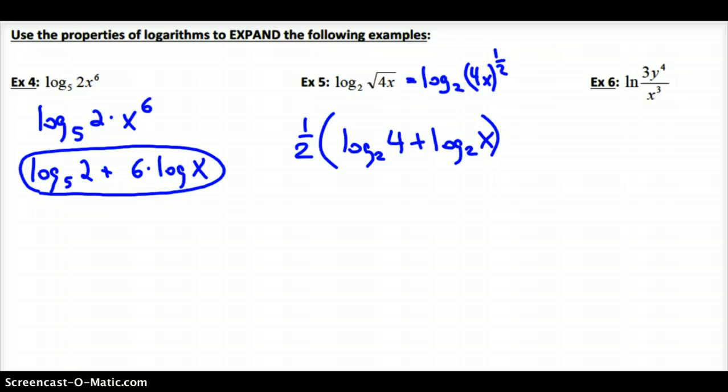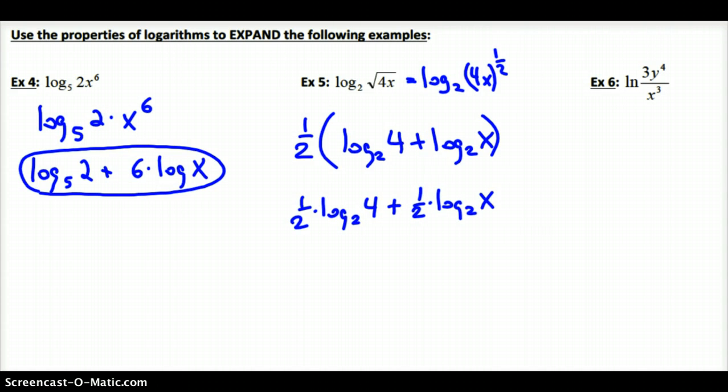We could leave it like this, or we could say I've got 1/2 log base 2 of 4 plus 1/2 log base 2 of x. Now this would be fine, we could maybe simplify this numerically, but let's just leave it in expanded form here.